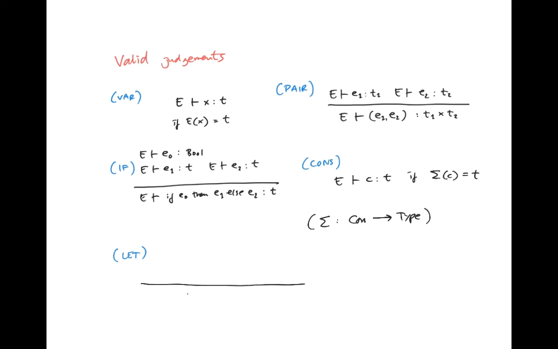If we have a let x be E1 in E2, that's got type T with respect to the type environment E, if it's the case that we can type E1 with type T1, and then we add the assumption that x has type T1 to our type environment, and given that added assumption, in the new type environment we can then type E2, and the type of E2, T, is then also the type of the let expression.